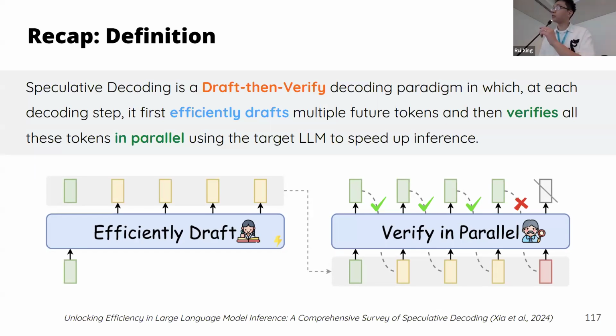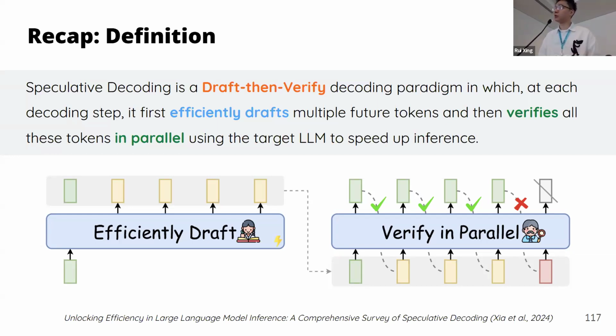Okay, and here is the definition of speculative decoding. Speculative decoding is a draft-then-verify decoding paradigm. It means that in a decoding process, if two models or a draft module is applied, and the decoding strategy follows the draft-then-verify paradigm, we see it as a part of speculative decoding.